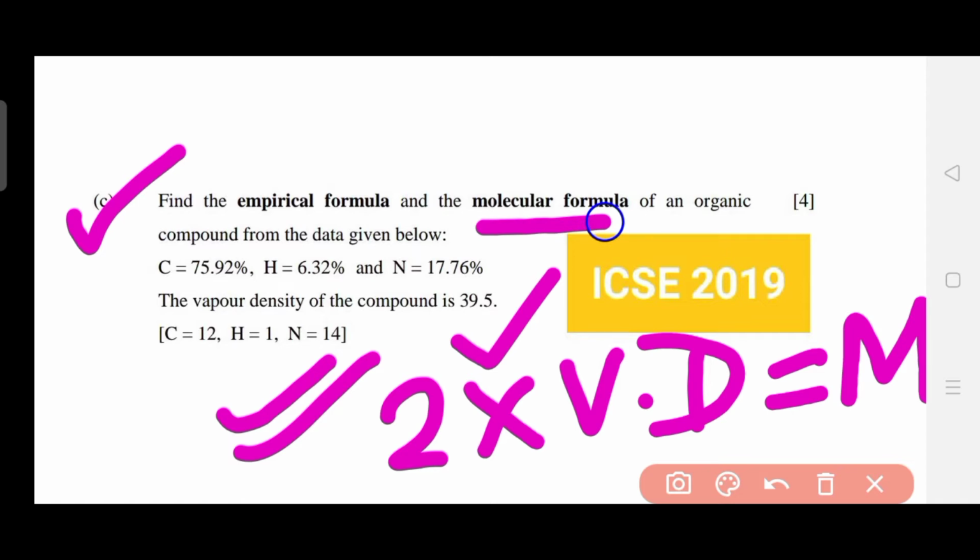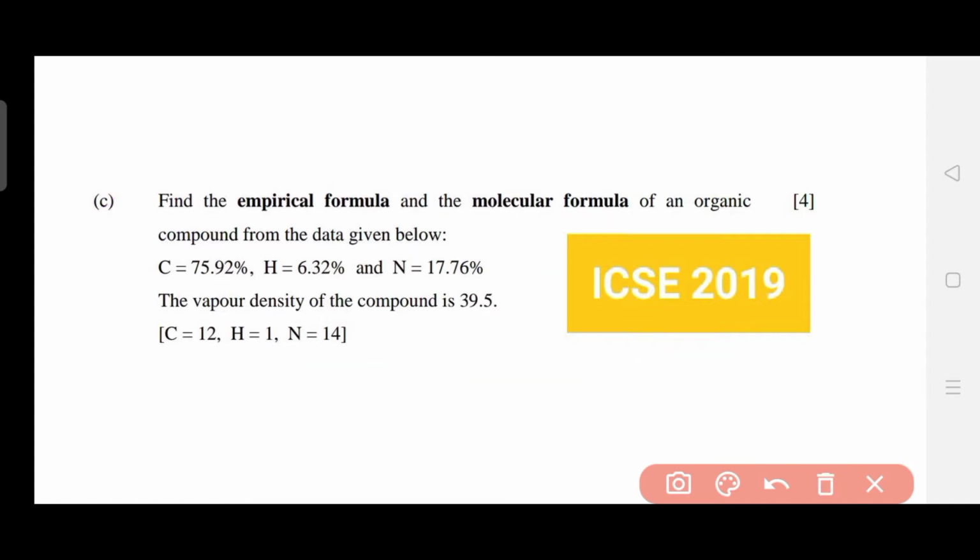There are many questions which I will show you now in which the vapor density is provided, and only after making use of that vapor density can you find the molecular formula and then the empirical formula of the given compound. This question was specifically asked in the year 2019, and you can mark it as an important question.